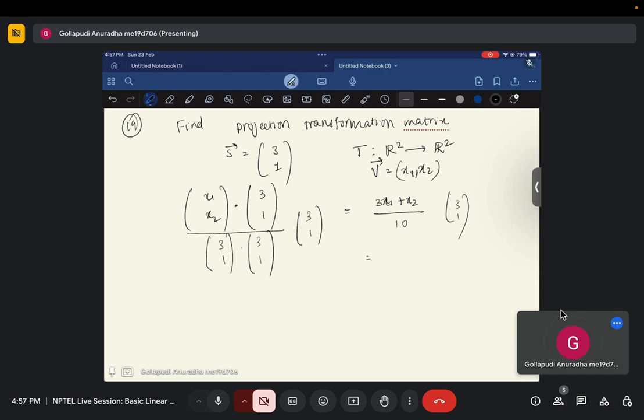Did you get this? So here you can take the standard basis itself, for easier calculation.